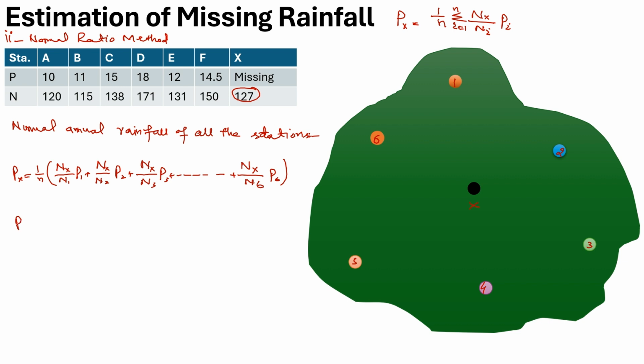We just need to put in the value of n, meaning the known number of stations. These are six stations in total.